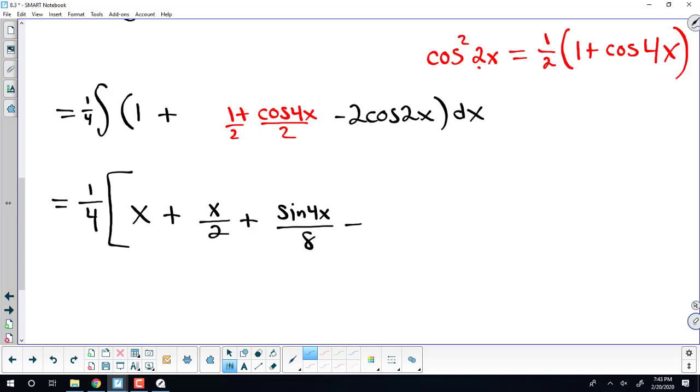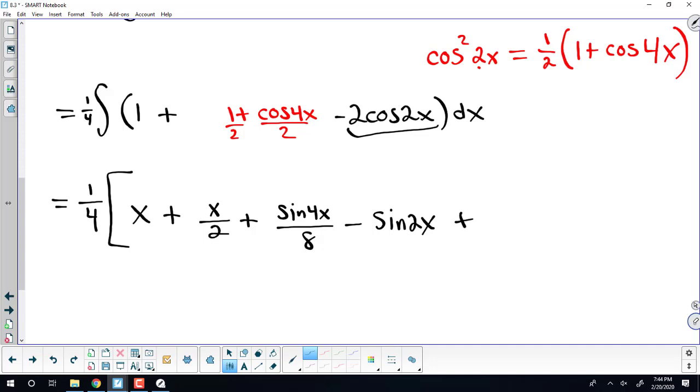Minus 2 times the antiderivative of cosine 2x would be sine of 2x. I'm doing mine in a different order. Minus sine 2x for this one. What do y'all think? Yeah, it's minus 2 antiderivative of cosine 2x again, sine 2x over 2 times the negative 2 is negative 1 sine 2x.